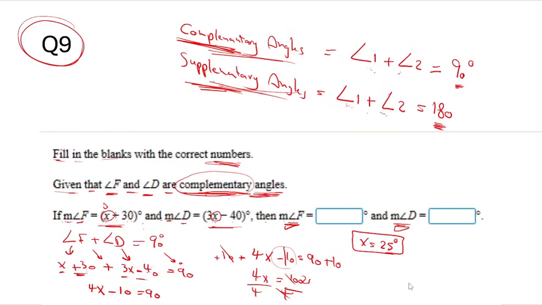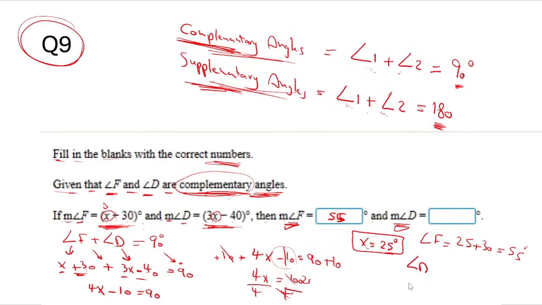Okay, but here he's asking about the measurement of angle F and the measurement of angle D. So I'll substitute x in these two equations. So angle F will equal 25 plus 30, which is 55. So angle F is 55.